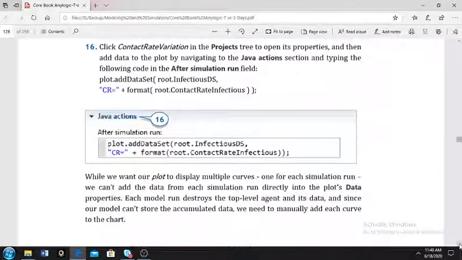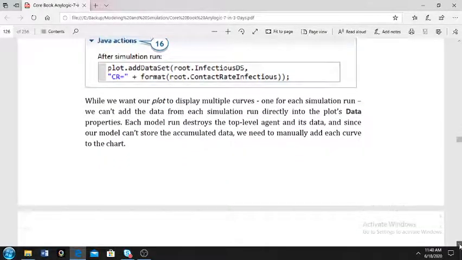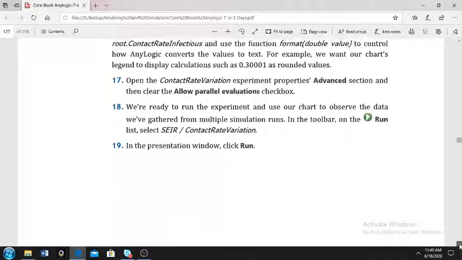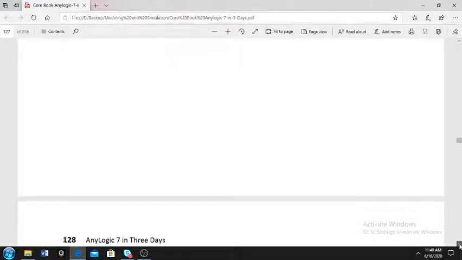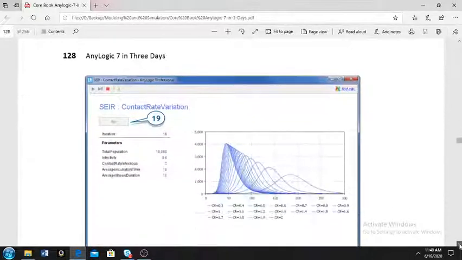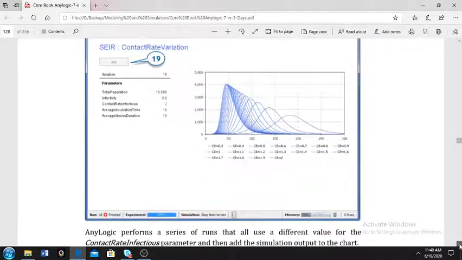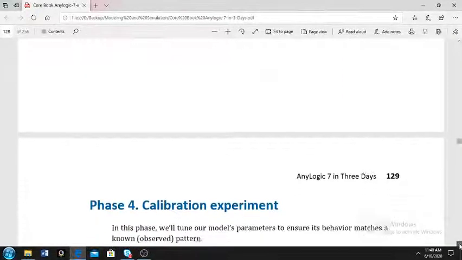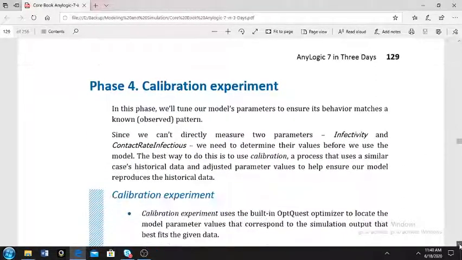Here you have some formulas. Calibration experiment.